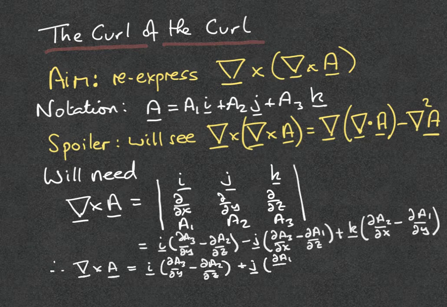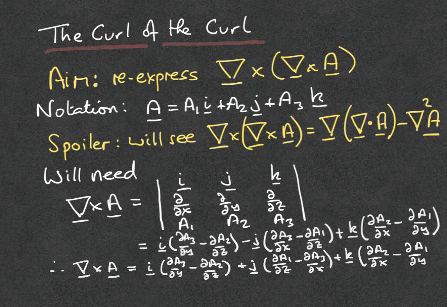So I'm going to write dA1 dz minus dA3 dx, close brackets, plus k, and here I just write out again what we have on the line above. So we have minus here at the end, dA1 dy, close brackets.